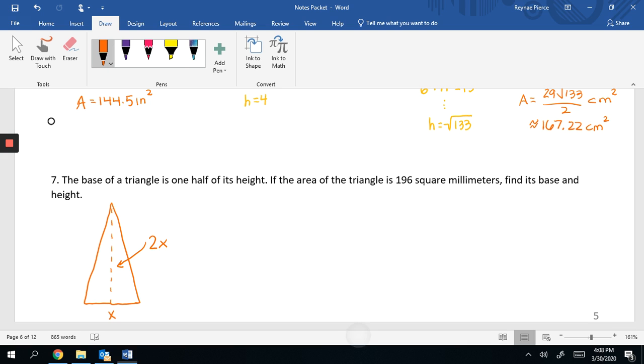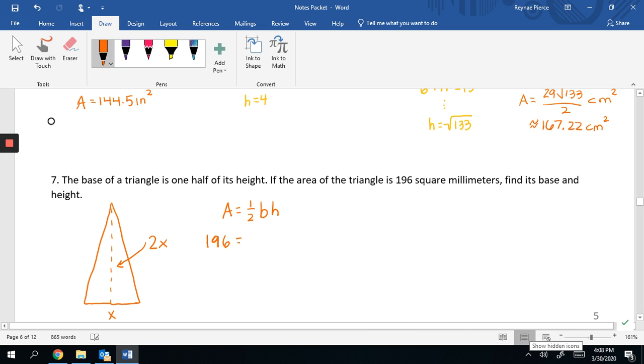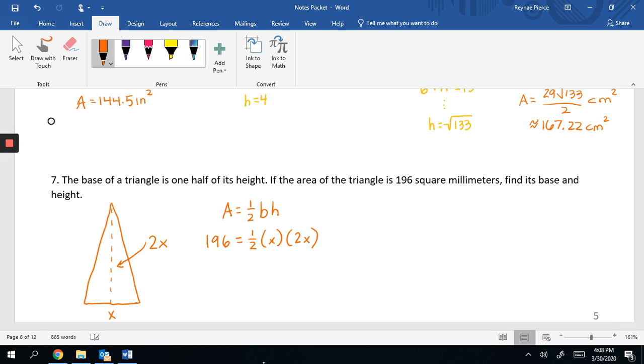Okay, so I'm still going to be using A equals 1/2 base times height. Okay, so 196 is going to replace capital A. My base, I said, was x. My height is 2x. Okay, so I'm going to work on simplifying just this right side.